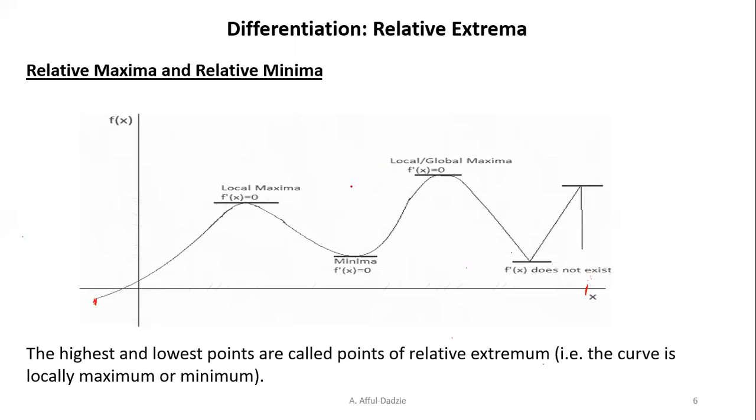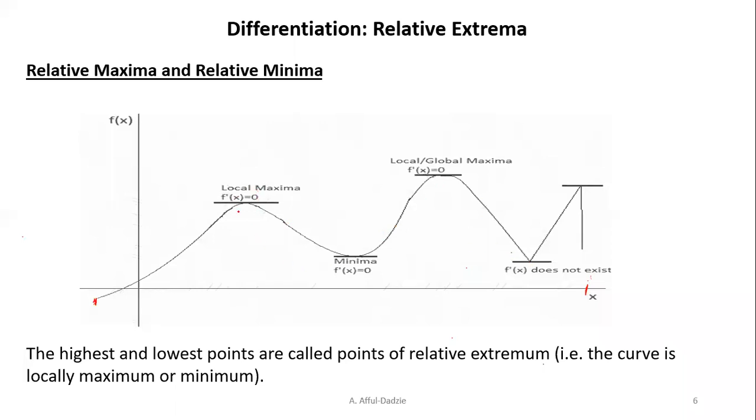And we can also have a relative maximum point and a relative minimum point. First, let's understand the relative minimum and maximum, and then we will look at the overall maximum.